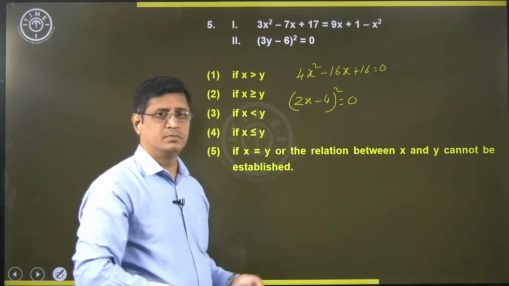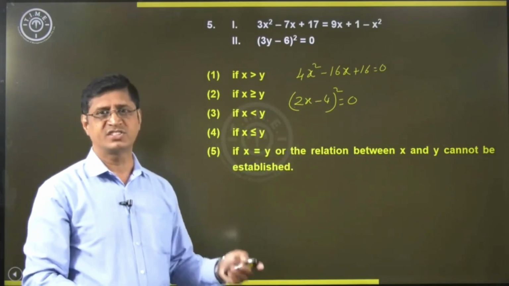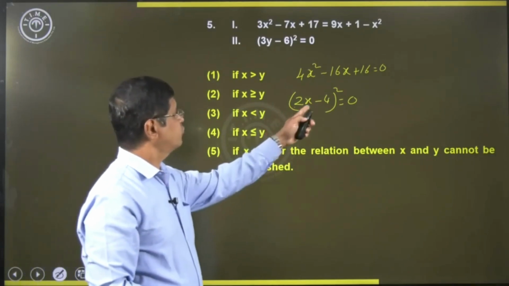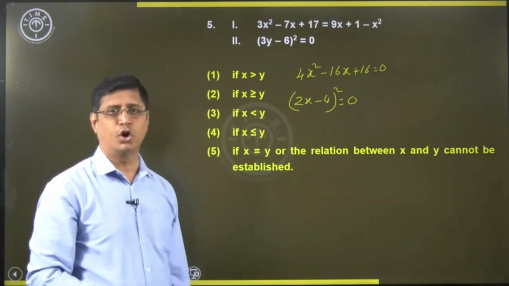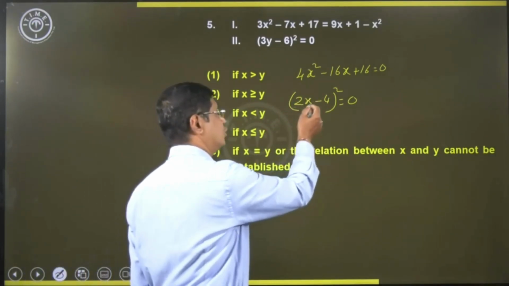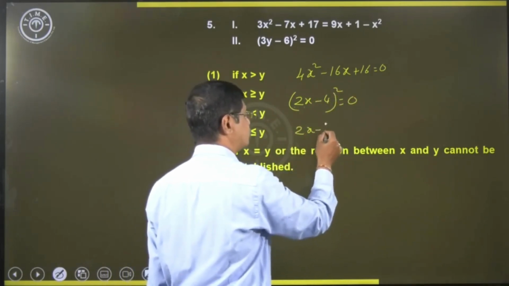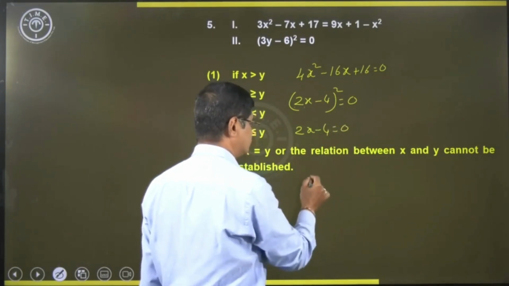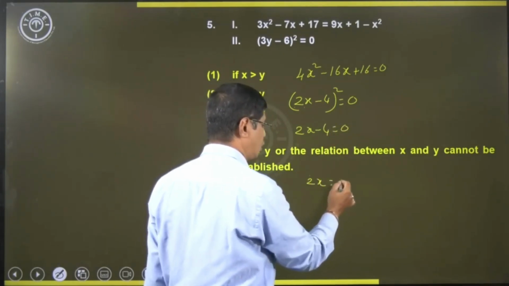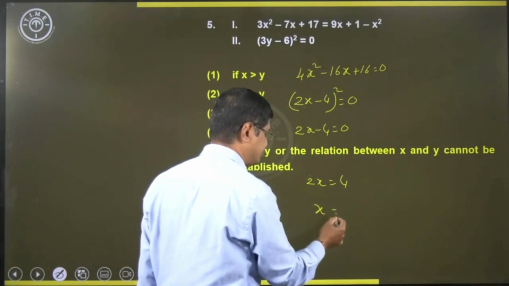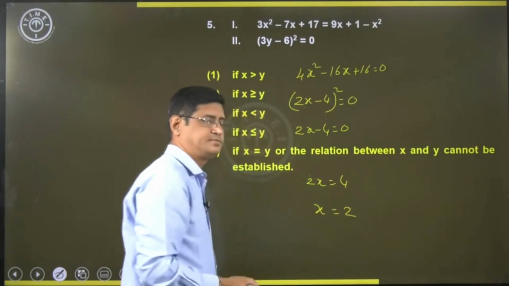Then next, b square means 4 square, 16. So 2x minus 4 whole square is equal to 0, means here 0 square only results 0, means 2x minus 4 is equal to 0. So 2x is equal to how much? 4. The value of x is equal to 2.